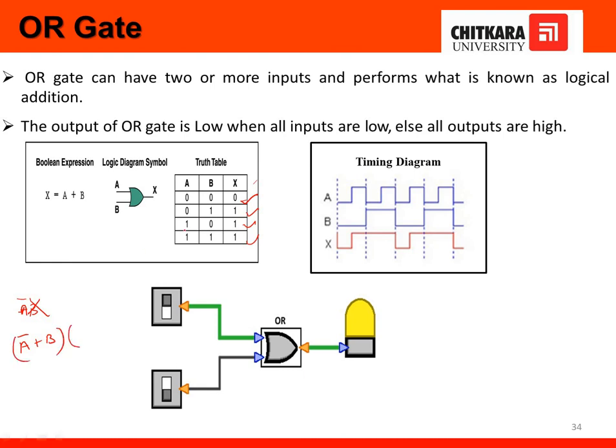Next, A plus B bar, because A is 1, B is 0. Third one is A plus B. When we simplify these 3 terms, then we get A plus B. In the next class, we will have a discussion on the De Morgan theorem, how we can solve this biggest equation into the minimized one.